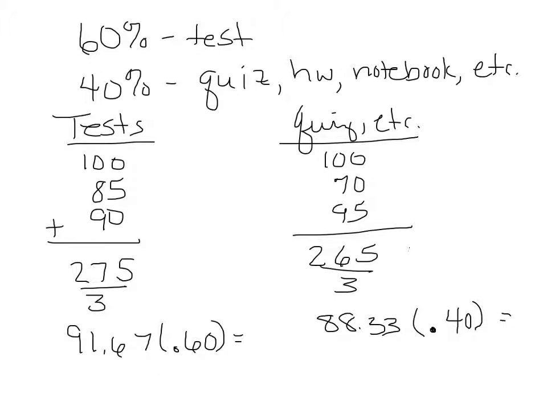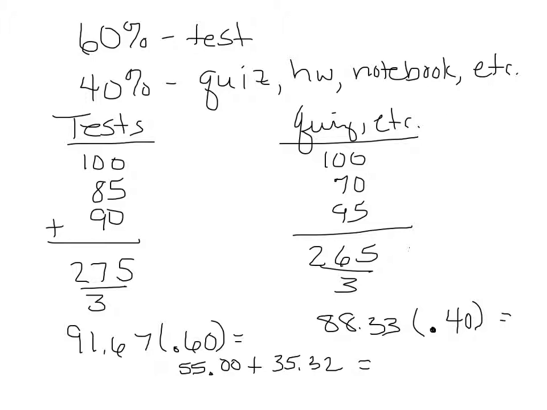So 91.67 times 0.60 is 55.0. I add that to my quiz average, 88.33 times 0.40, which is 35.32.